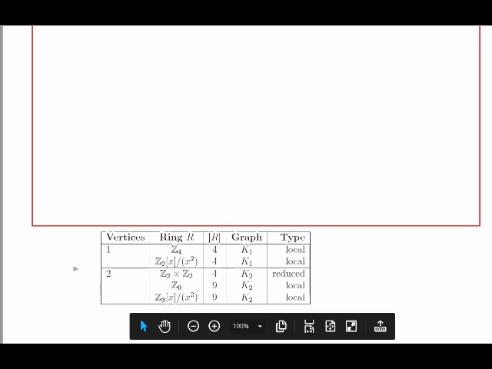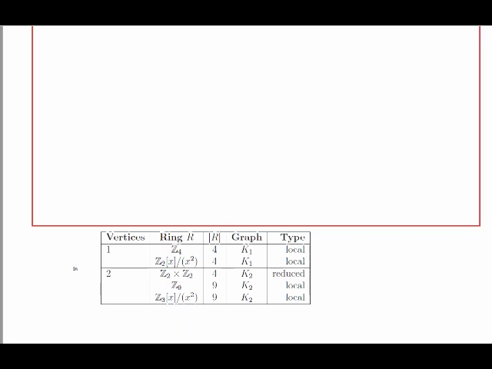Z9 has 9 elements. We know that. How many non-zero zero divisors does Z9 have? 2. And how does the graph look like? K2. What does K2 mean? Complete graph with 2 vertices, 1 edge.